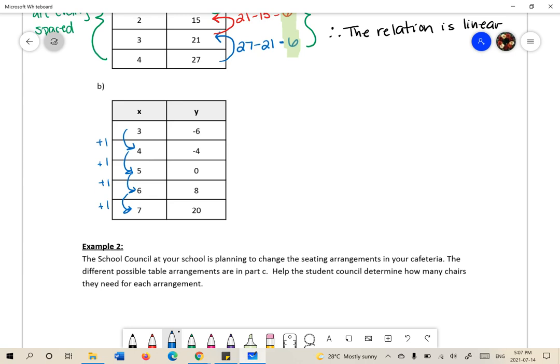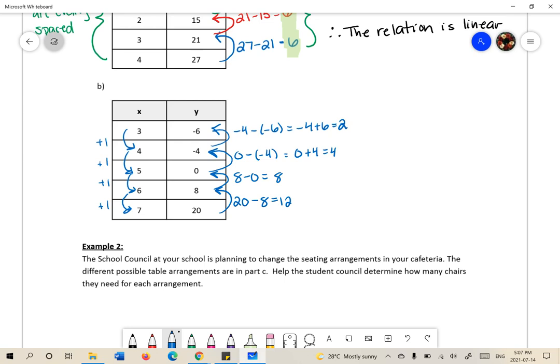So now we can perform first differences on the y values. 20 subtract 8. 8 subtract 0. 0 subtract -4, which is equal to 0 plus 4, which is equal to 4. And -4 subtract -6, which is equal to -4 plus 6, which is equal to 2.